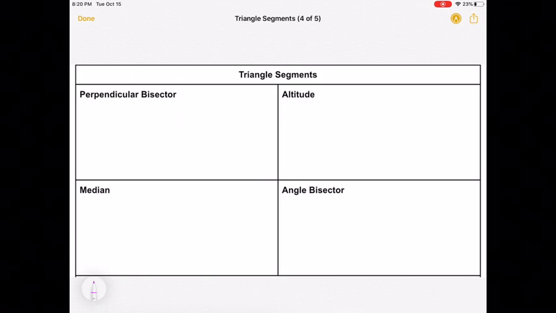So a perpendicular bisector is a line segment that is perpendicular to a triangle side and passes through the side's midpoint. I'm trying not to talk while I'm using a pen because I know it's a little loud.